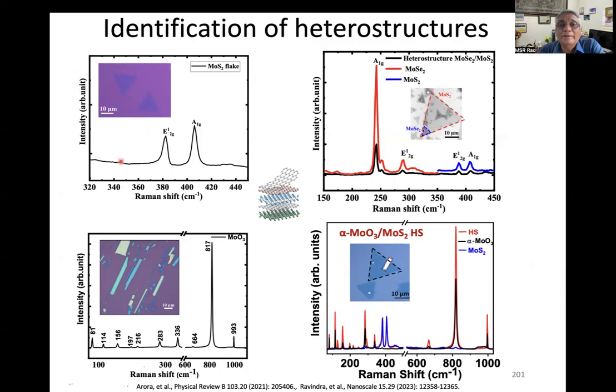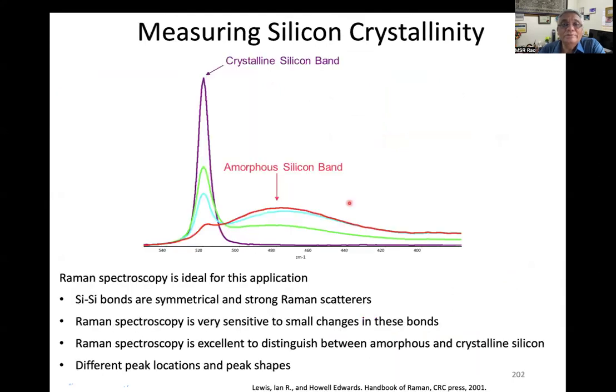And well, you can go on giving some very nice examples. This is with respect to identification of heterostructures of molybdenum selenide and molybdenum sulfide, two-dimensional layered heterostructures. And you can measure the silicon crystallinity. See that the amorphous silicon gives a broad Raman spectrum. The crystalline silicon gives a single sharp peak.